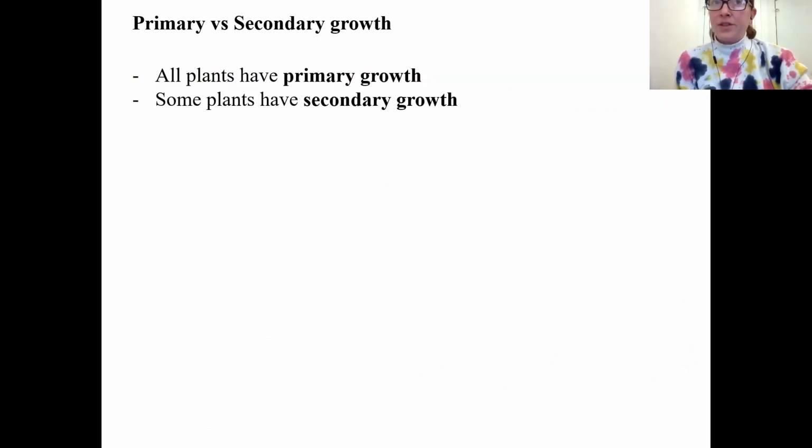Now, in the non-vascular plants, their primary growth is a little different because they don't create these complex tissue systems like vasculature, but they still have primary growth. Don't worry about that. The point is all plants have primary growth, but only some plants have secondary growth, which is why we haven't talked about it until today, because not all plants have it.